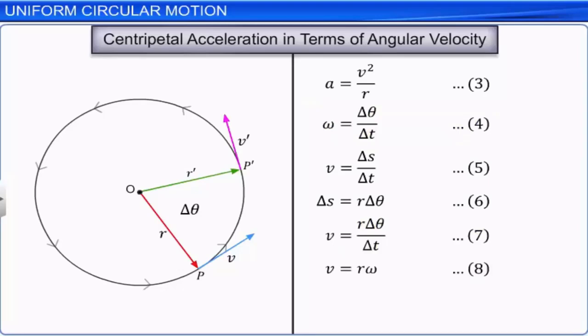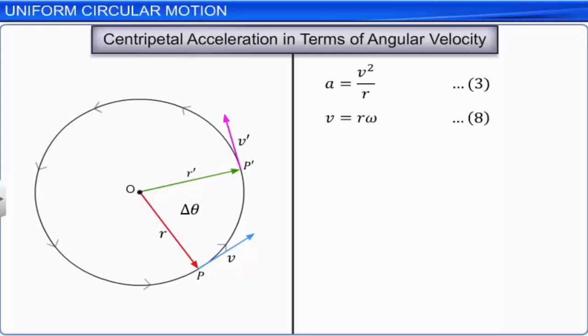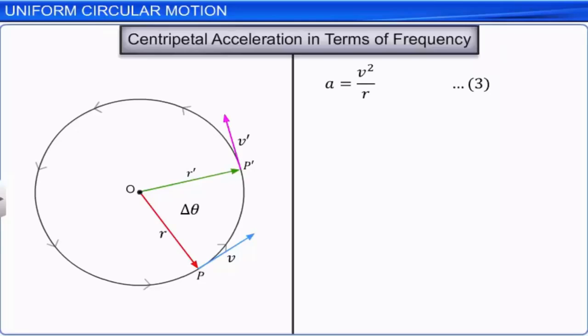Now let us find the centripetal acceleration in terms of frequency. Time taken to make one revolution, that is, time period is T. Frequency, f, is the number of revolutions in 1 second. Therefore, f is equal to 1 by T. Distance moved by the body in one revolution is equal to 2 pi r.